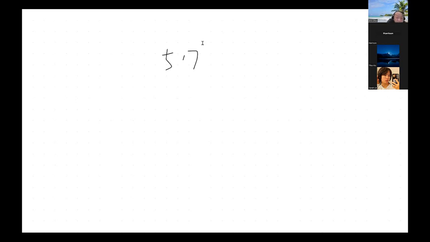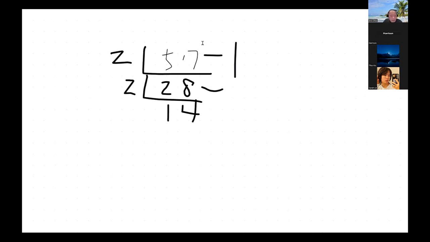Divide by 2, it should be 28 remainder 1. Is that okay so far? Yes. Then divide by 2, it will be 14 remainder 0. Divide by 2, you get 7 remainder 0. Divide by 2, you get 3 remainder 1. Divide by 2, you get 1 remainder 1.